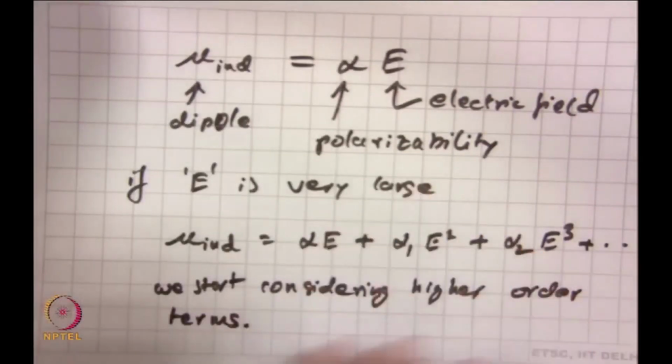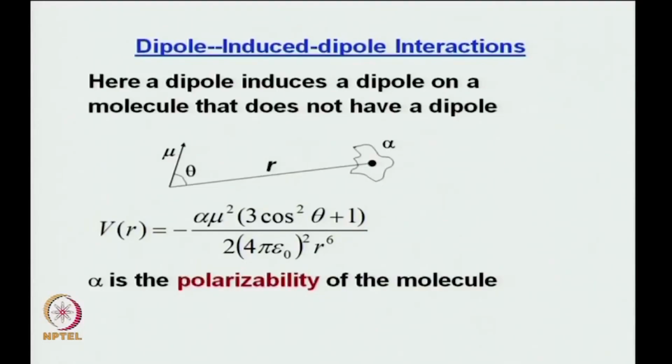So, keeping this in mind, if we go back to what we are looking at in the slide. For a dipole induced dipole, V of r is equal to minus alpha mu squared 3 cos square theta plus 1 over whatever is given, but it varies as again r to the power 6. So, it has a 6 dependence on the distance between the dipole and the molecule.